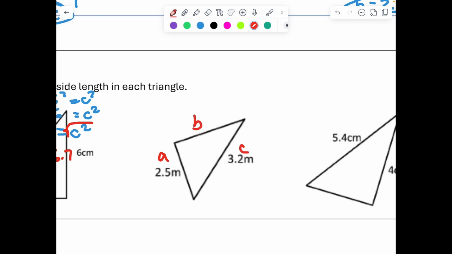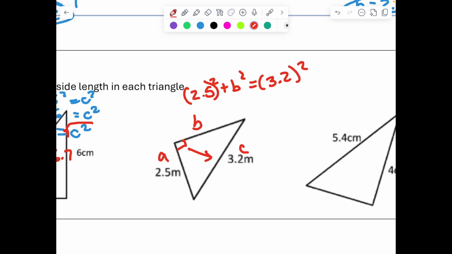Over here we have A, B, C. Just a quick reminder, it doesn't matter which one's A and which one is B, as long as C is the one across from the right angle and it's the longest side. So 2.5 squared plus B squared equals 3.2 squared.